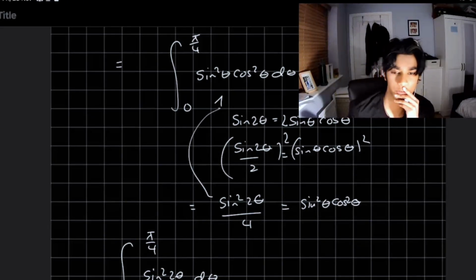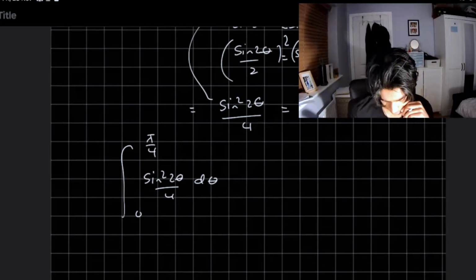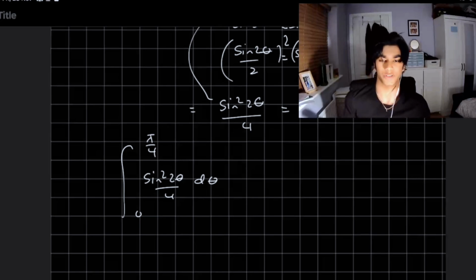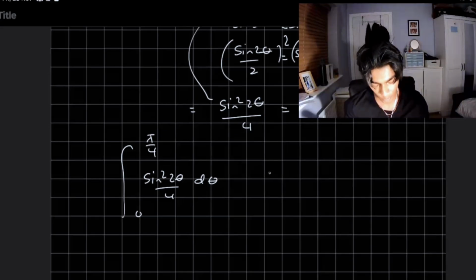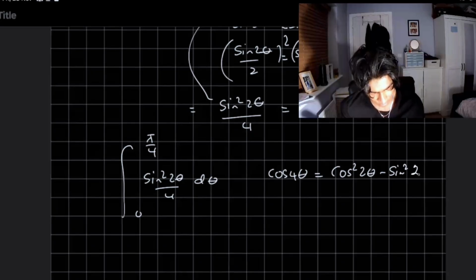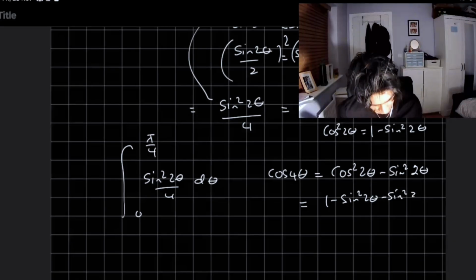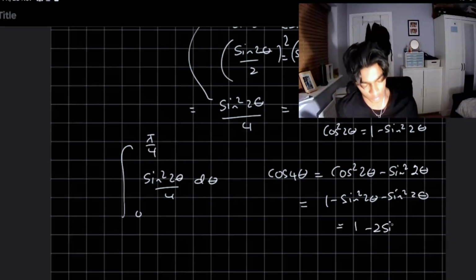I'm just thinking what to do next. This is still not suitable to integrate because we've got a sine squared term there. But we can use the cos of 4 theta. That's the same as cos squared 2 theta minus sine squared 2 theta, and cos squared 2 theta is just 1 minus sine squared 2 theta. So 1 minus sine squared 2 theta, take away sine squared 2 theta, equals 1 minus 2 sine squared 2 theta.